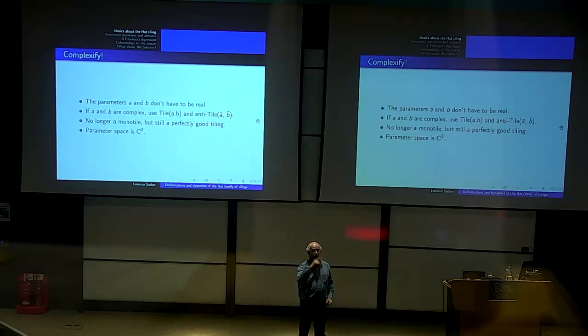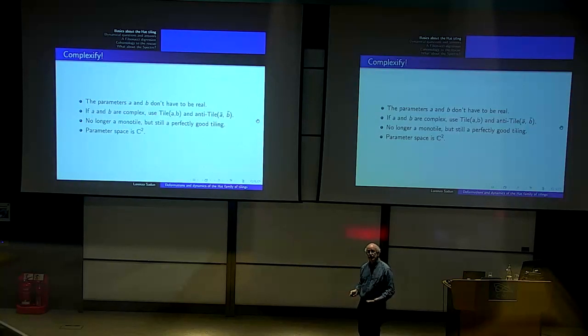And likewise, I have iA. Well, if A is real, it points this way, but if A is complex, maybe it points this way, times any multiple of 60 degrees. So my parameters A and B aren't two real parameters, they're really two complex parameters.